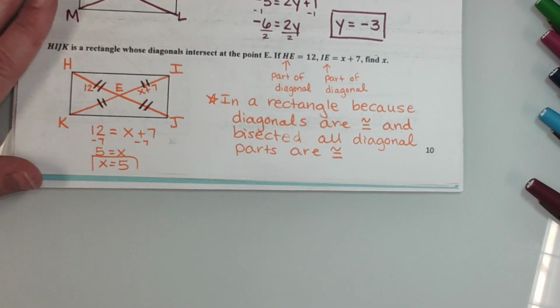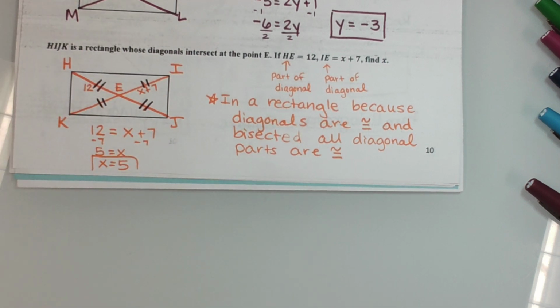X is 5. So sometimes you might have to put a couple of different theorems together. Sometimes, much like we did with parallelograms, because a rectangle is a parallelogram, you might just have to use the fact that the sides are parallel.